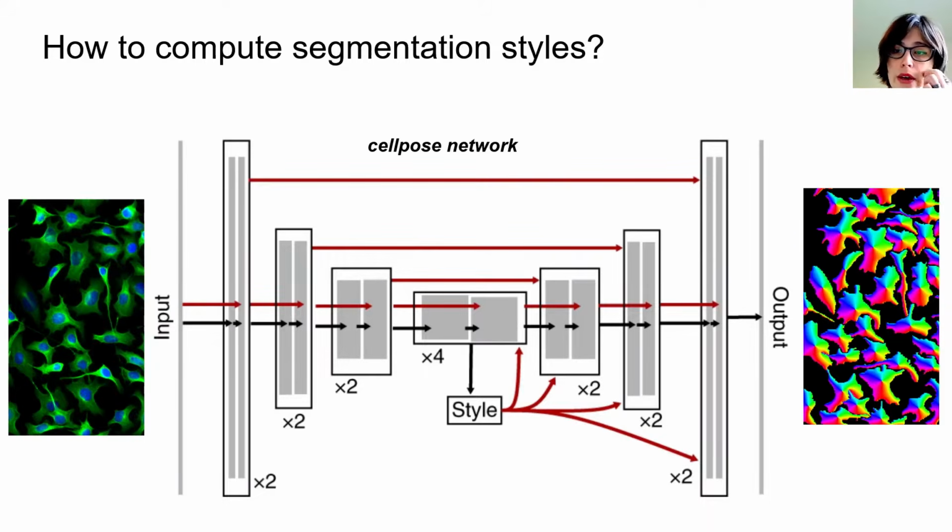And so we tested whether or not it helps to have multiple models by first computing segmentation styles of the images. The styles that we get are here in the network, basically an average pool of the output of the lowest layer in the network. We use that as our style vector. So it's 256 numbers for each image, which represents the overall approximate style of the image.